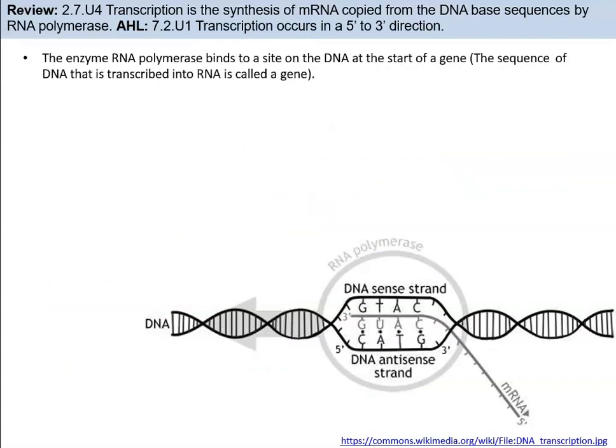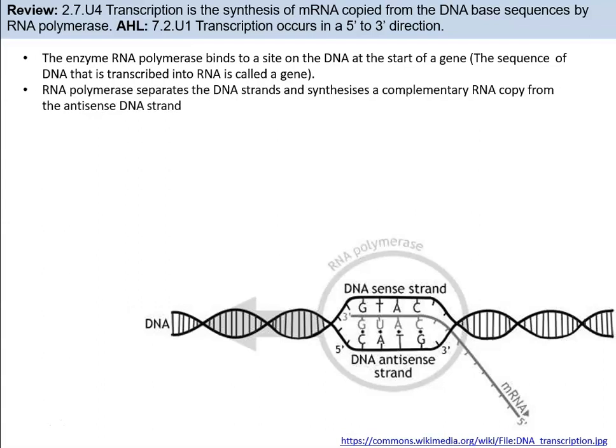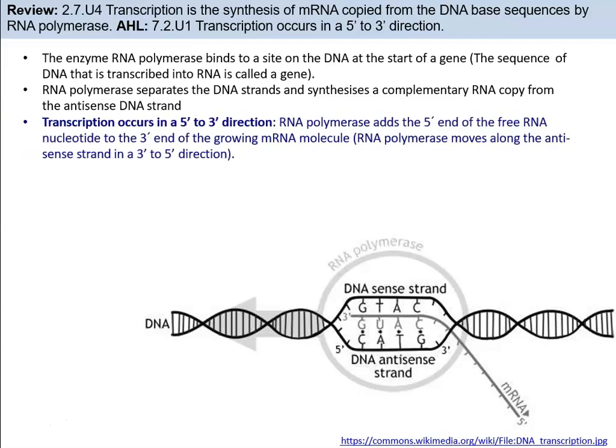The enzyme RNA polymerase binds to the DNA and recognizes the place where transcription is going to start. RNA polymerase is also multifunctional. It separates the DNA strand and synthesizes a complementary RNA copy from the antisense DNA.